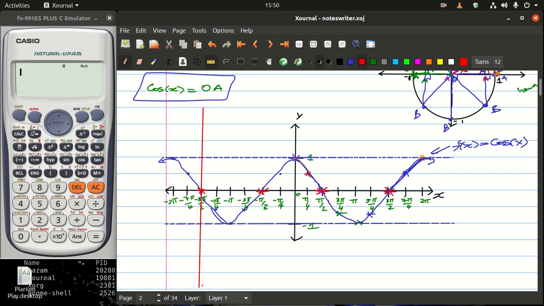Do it like this, and then another vertical line there. This one is not good looking. I'm gonna start somewhere there.